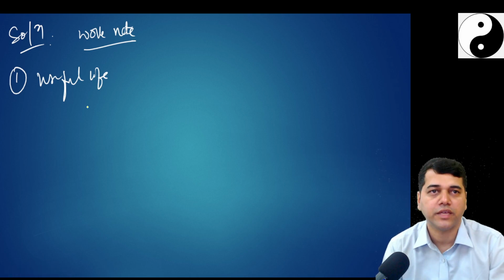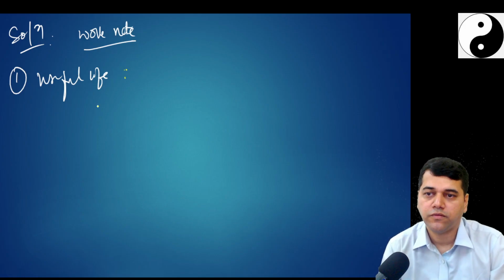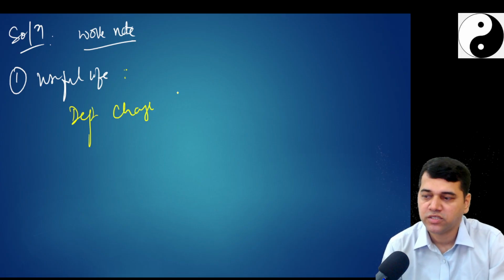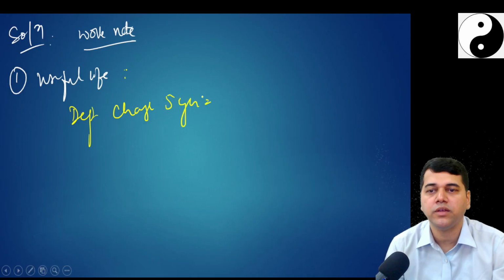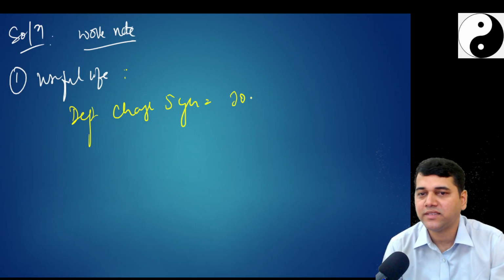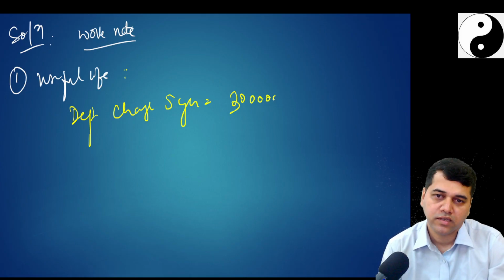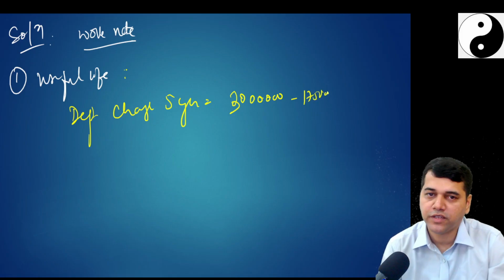How did you get the useful life to be 12 years? How did you do the working? First, you will take how much the depreciation charge is for 5 years. You can solve this along with me. So 30 lakhs minus 17 lakh 50,000, that is 12 lakh 50,000.